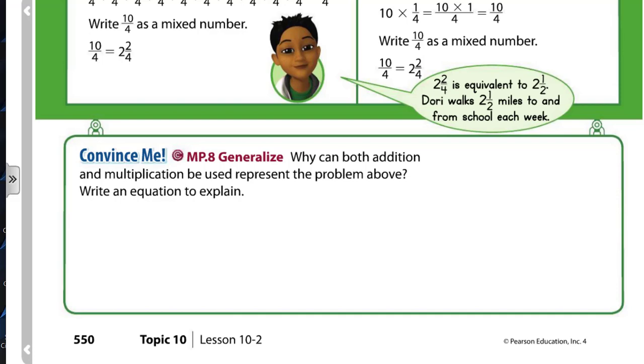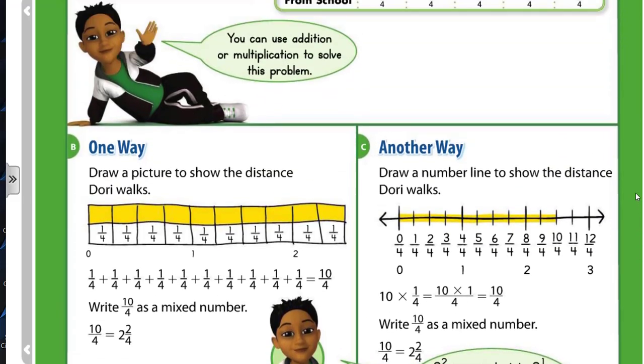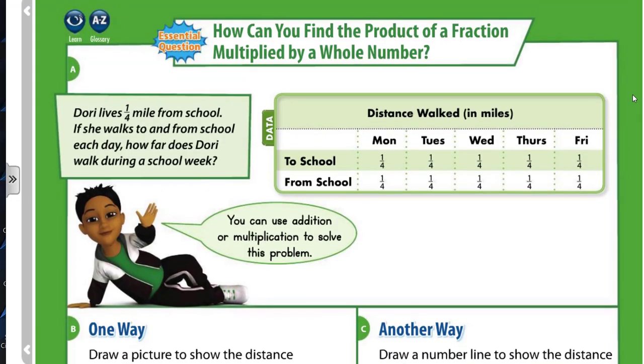This one, this page. 550, teachers. 51. Okay, great. 550. Okay, now let's start. Everyone, open quickly. Open the book quickly.